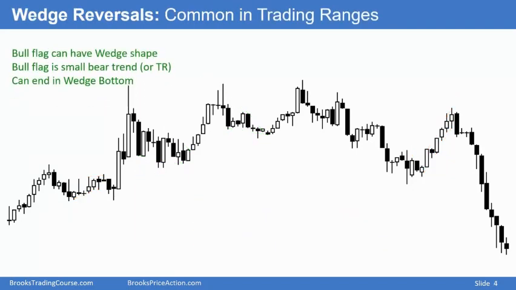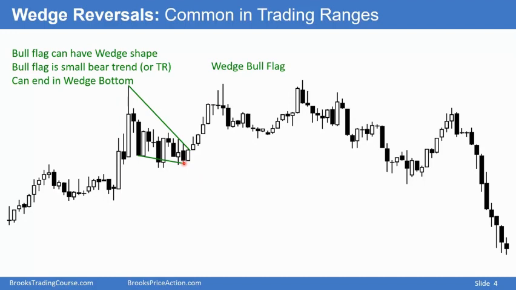Reversals in trading ranges are common, and a lot of the patterns are wedges. We have a bull breakout here, and then we have a small bear trend that's not falling very far, but this bear trend, this bear channel, I would call it a wedge bull flag, and we got a bull breakout.